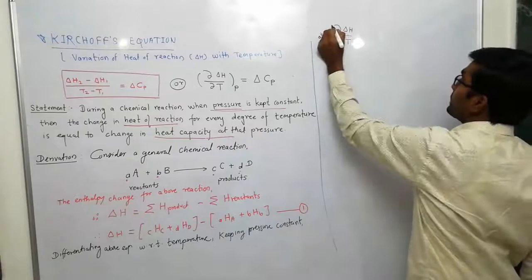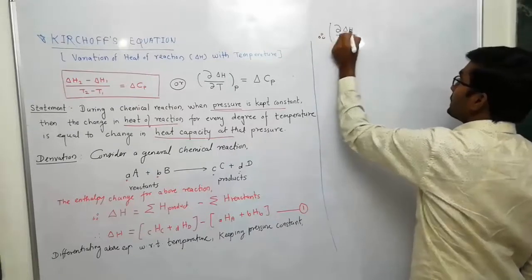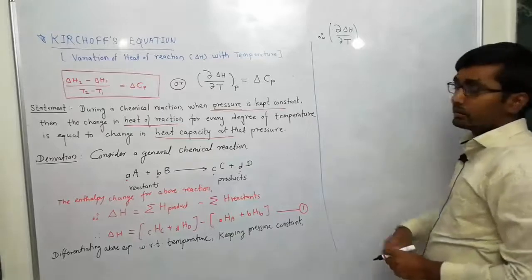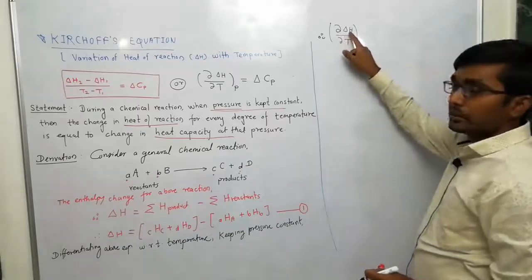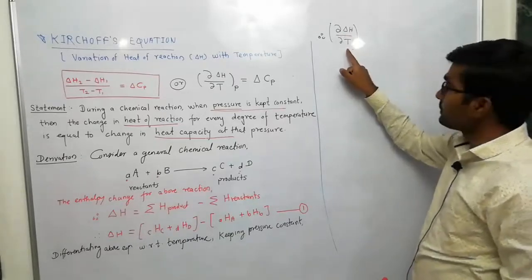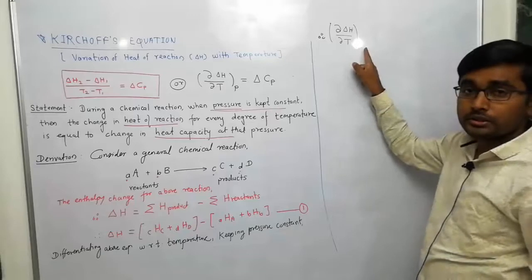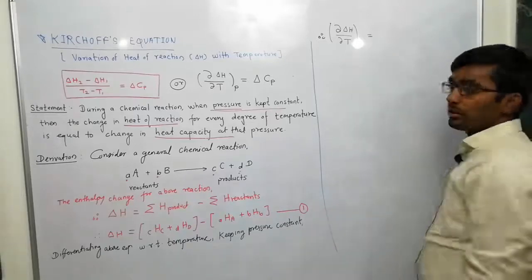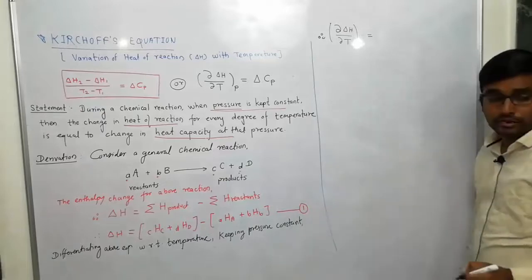If you are keeping pressure constant, then take it in brackets and write down: the derivative of change in enthalpy with respect to temperature at constant pressure is here. So, which is equal to, what will be our equation?